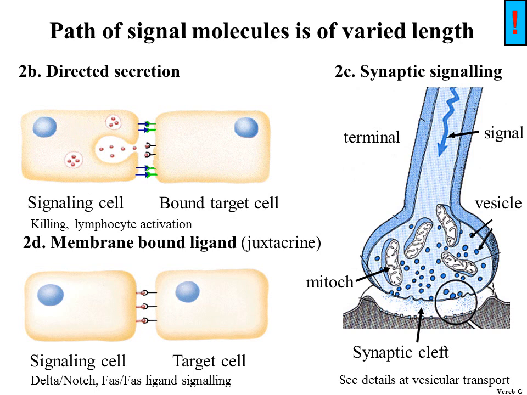A special subcase of directed signaling or directed secretion would be synaptic signaling, which is characteristic of the nervous system. And at this point I just want to emphasize the very structured nature of the contact between the two cells, the presynaptic and the postsynaptic cell, which together form the synapse.